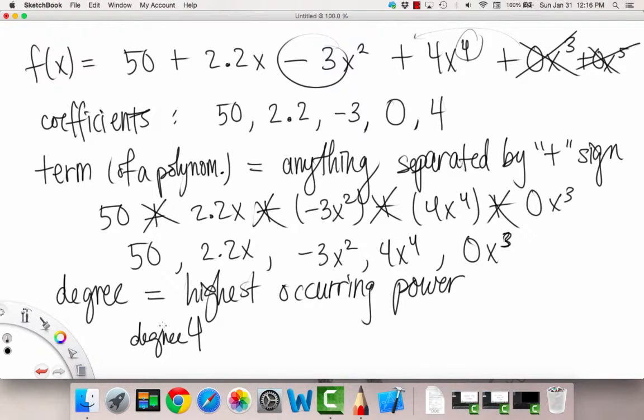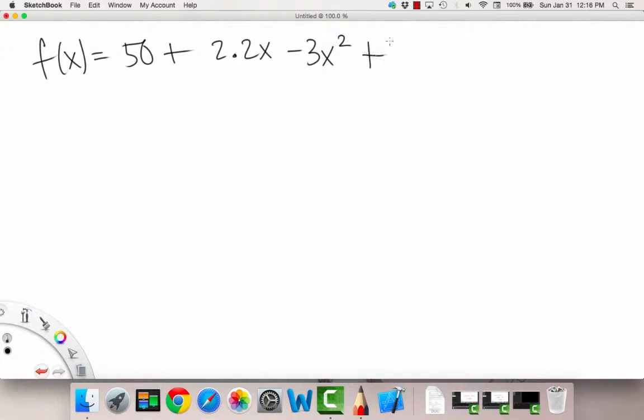Let's continue this on the next slide. We have f of x is equal to 50, let me just write this out one more time so we can use it for our second set of terms, plus 2.2x minus 3x squared and plus 4x to the fourth. Our next term is going to be called the leading term.